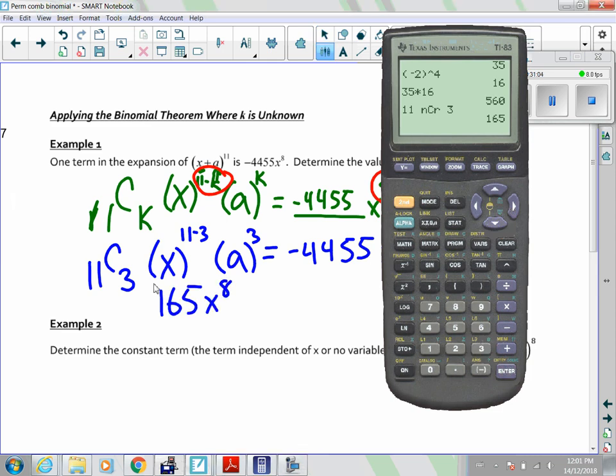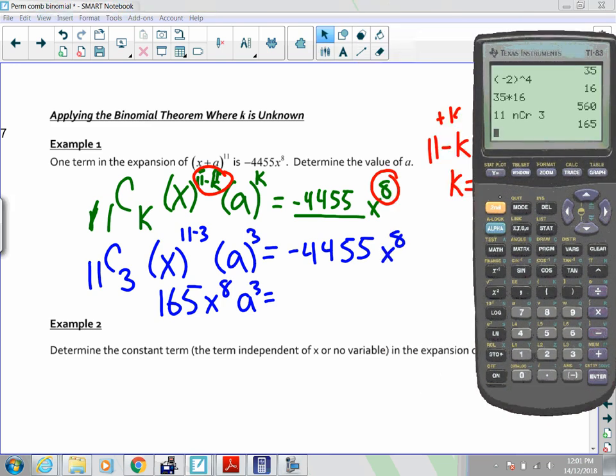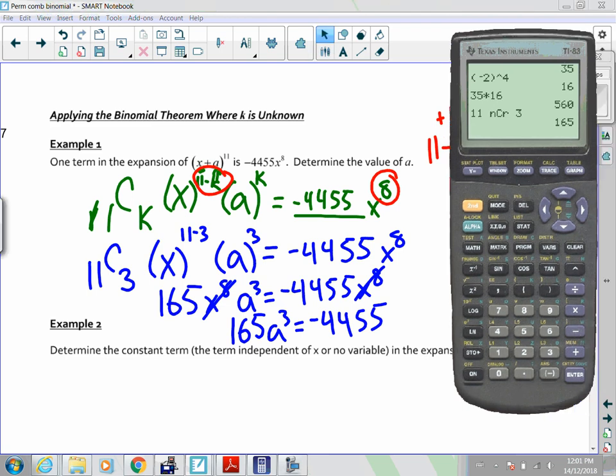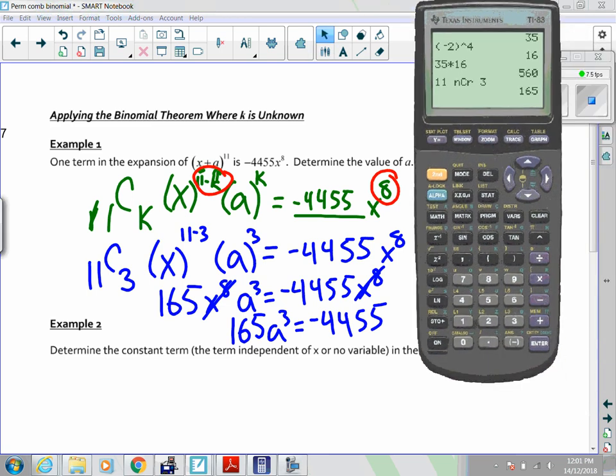This is going to be x to the 8 a cubed equals negative 4455 x to the 8. And I can cancel my x to the 8s. 165 a cubed is negative 4455. And now I just solve this like a Math 10C equation almost. Negative 4455 divided by 165 gets me to that.